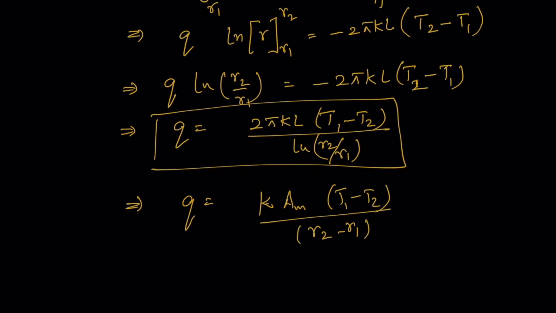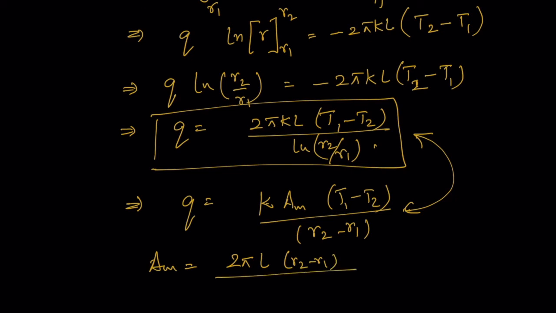So if you compare both these, you can find the value of Am, and Am you will be getting as 2 pi l r2 minus r1 divided by ln r2 by r1.